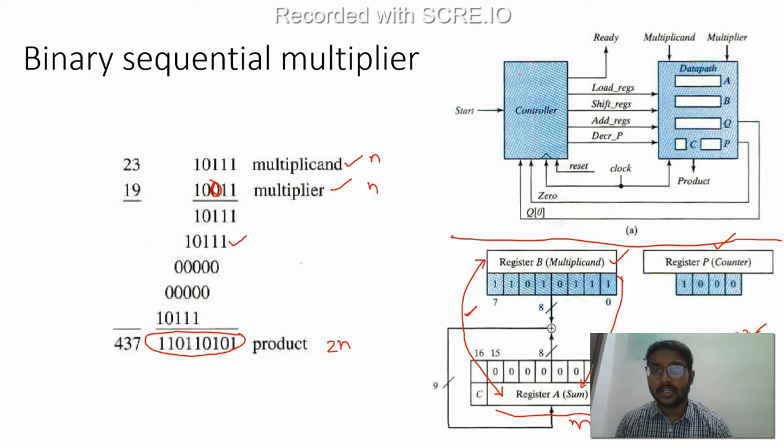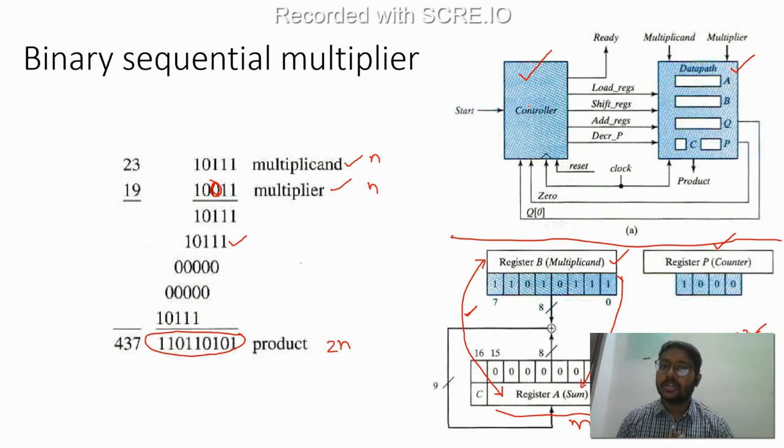What should the controller have, and what should the data path have? The data path usually consists of only registers and whatever values it should store in the registers, that's it. All the control operations should be given by the controller.